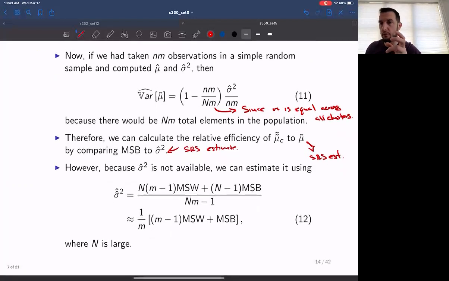But we're not going to be able to calculate sigma squared directly, so we can approximate it using what's given in equation 12. So we write that sigma hat squared can be approximated by sigma double hat squared, which is approximately 1 over m, so number of elements, times m minus 1, multiplied by the MSW plus the MSB.